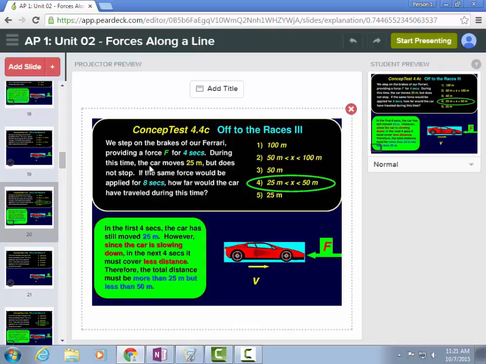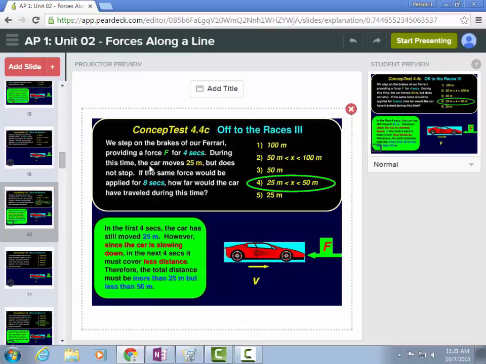So now we write down the first kinematic equation for each. And what does it say? It says delta x1 is equal to VI1 t plus 1/2 at squared. And then the second one says delta x2 equals VI2 t plus 1/2 at squared. And notice the t's are the same, the a's are the same. So what am I going to do? I'll subtract the bottom from the top.